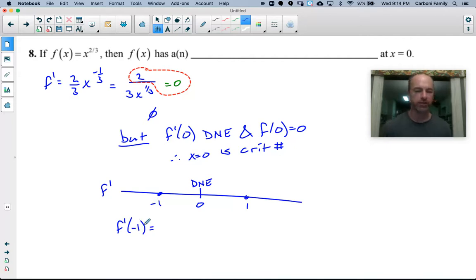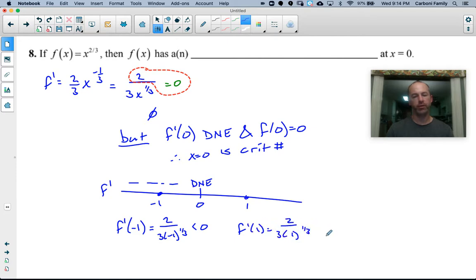So I need to actually write down that f prime of negative 1 is going to be 2 over 3 times negative 1 to the 1/3. That will end up being negative. f prime of 1 would be 2 over 3 times 1 to the 1/3. That will give you a positive result.